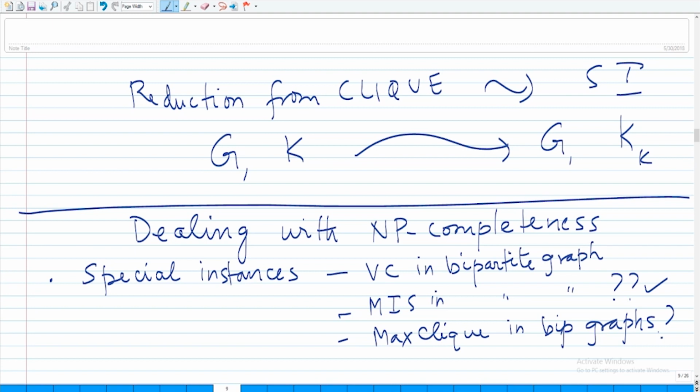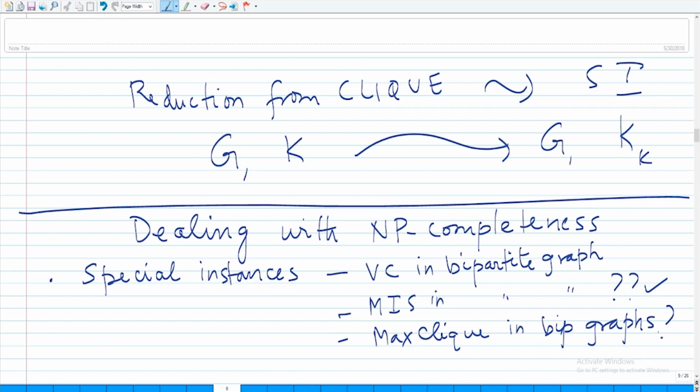That's what we did. But what's the problem? Complement may not be bipartite, right? So I can't, because I know I can solve independent set in bipartite graphs, but if I take the complement of this and try and find independent set, that may not be bipartite.